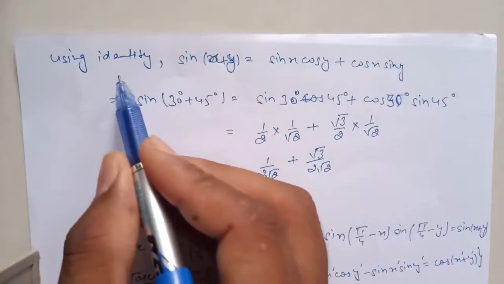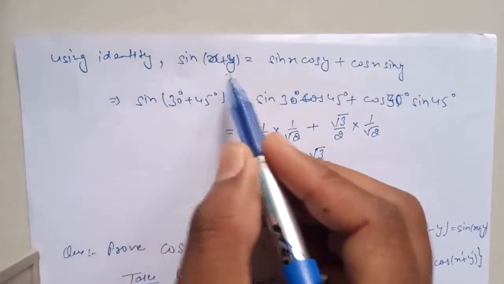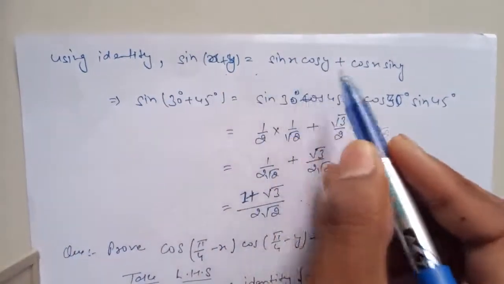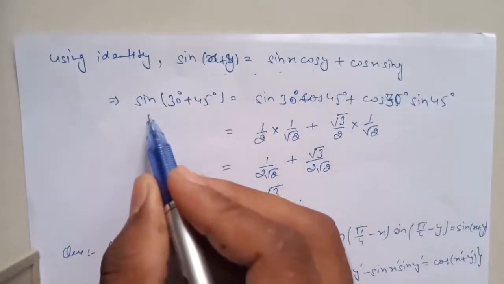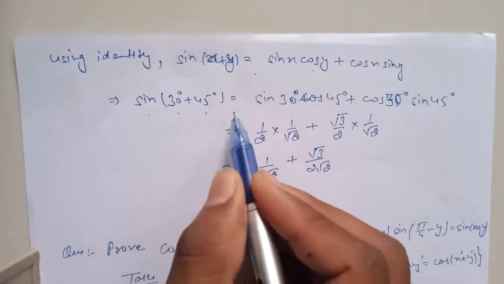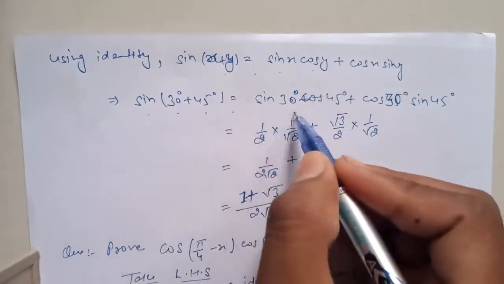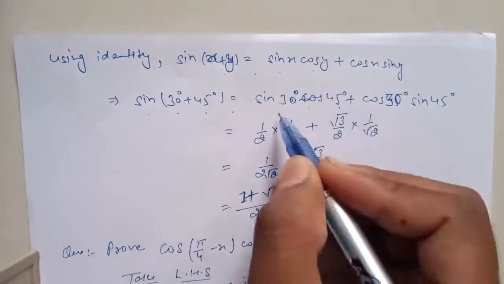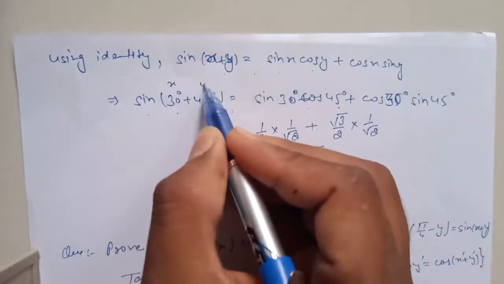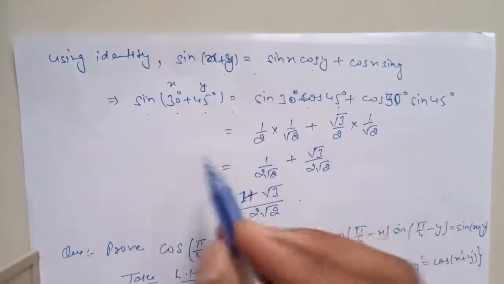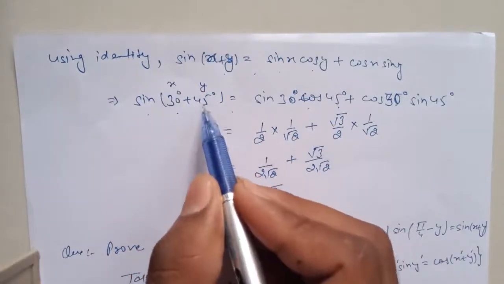Therefore using the identity sin x plus y is equal to sin x cos y plus cos x sin y, we write sin 30 plus 45 is equal to sin 30 degree cos 45 degree. Here 30 degree is x and 45 degree is y.